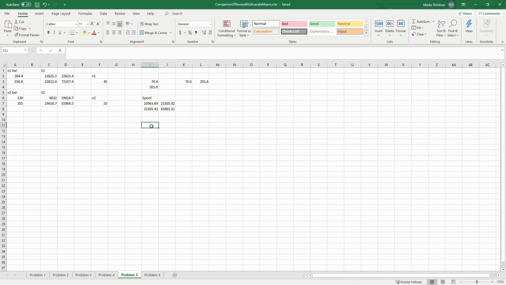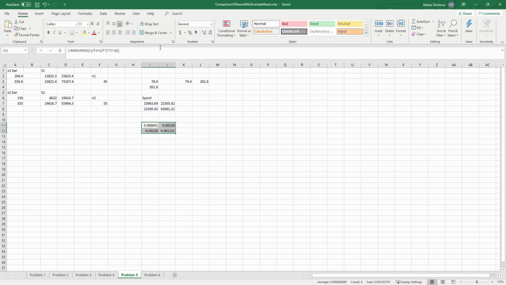Next we need the matrix inverse of 1 divided by n1 plus 1 divided by n2, times our matrix S pool. So this is another one.